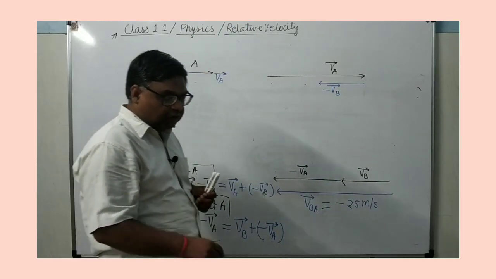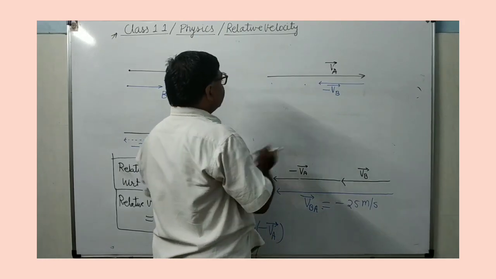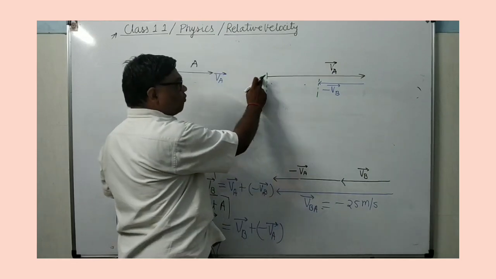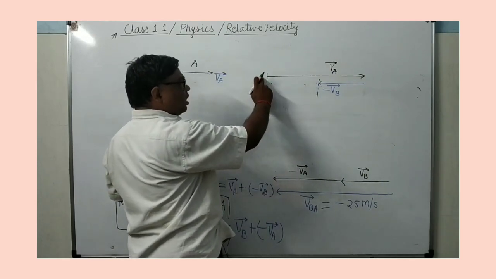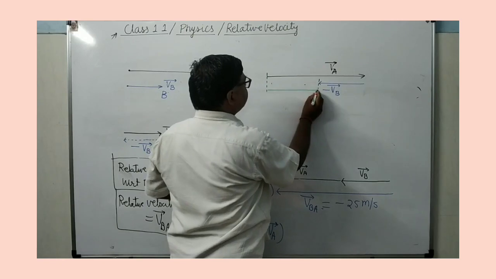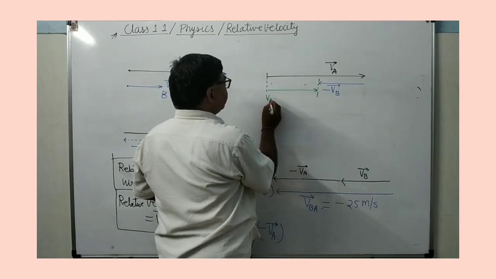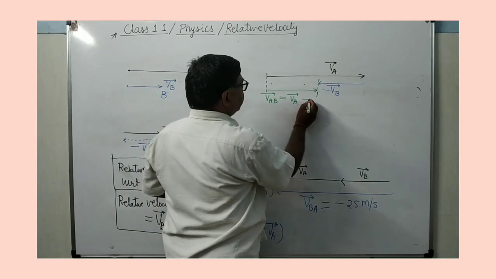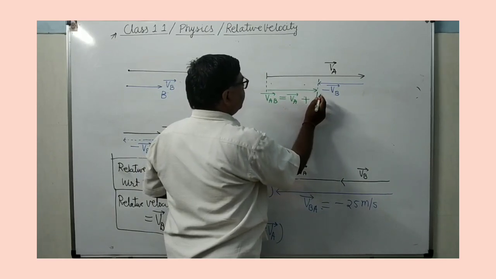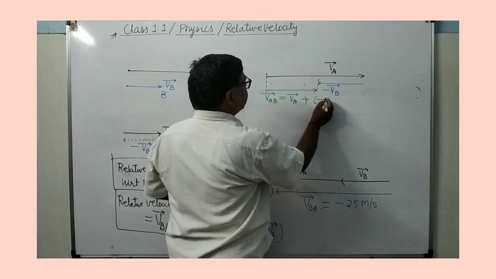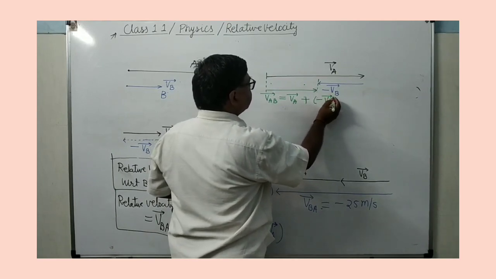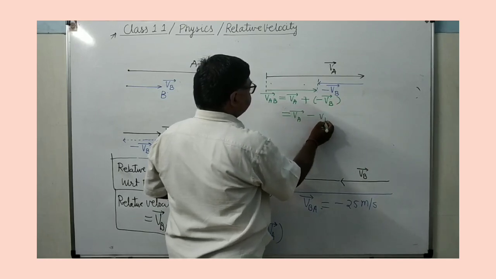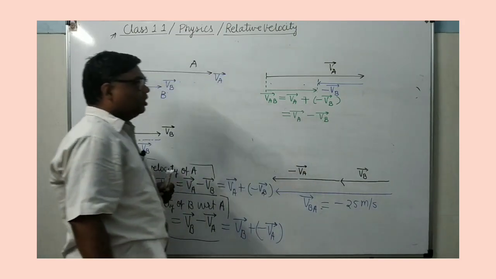So their resultant will be from tail of first to the head of last. Tail of first to the head of last means this will be the resultant. This will be vector VAB. It's clear? It is equal to vector VA plus negative of vector VB, or simply you can write vector VA minus vector VB. It's clear?